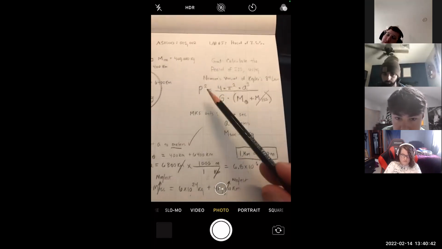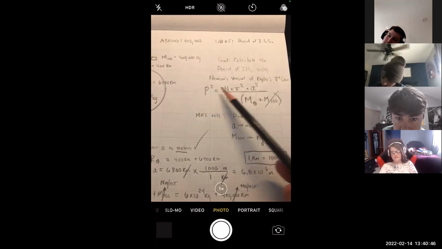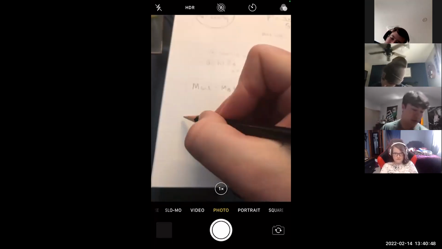We're now going to rewrite this equation, but we're going to flip the square to the other side. If you put the square on the other side, it becomes a square root.